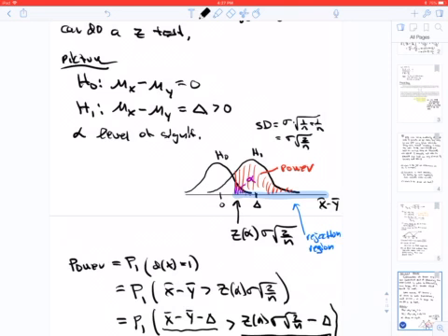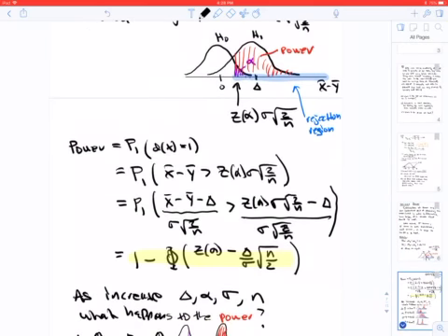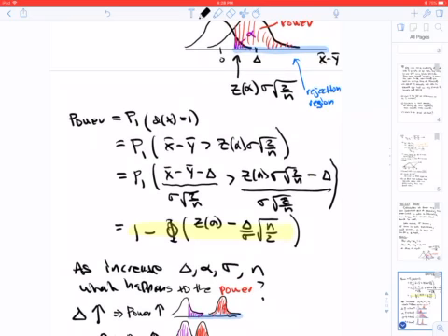You can see here our rejection region is in blue, and the power is shown in red. That's the area under the H1 curve in the rejection region. Alpha is the area in the rejection region under the H0 curve.